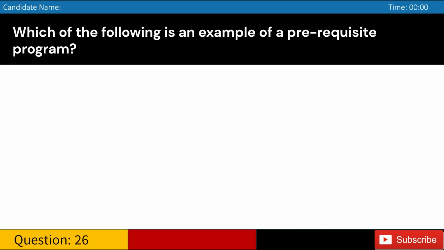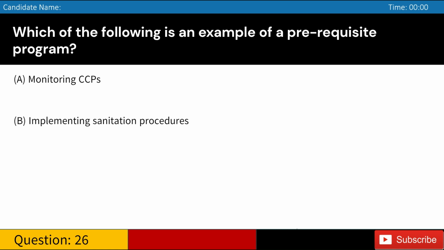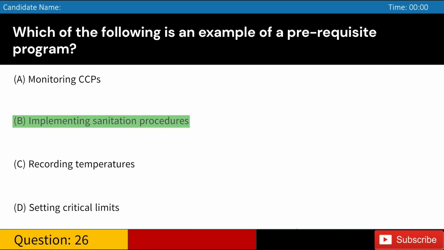Which of the following is an example of a prerequisite program? A. Monitoring CCPs. B. Implementing sanitation procedures. C. Recording temperatures. D. Setting critical limits. Answer B. Implementing sanitation procedures.